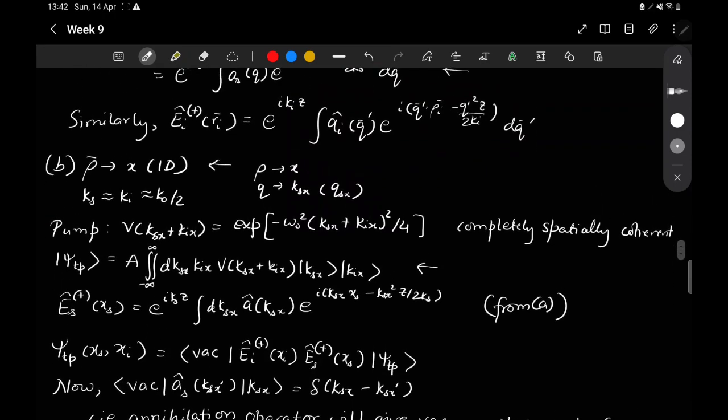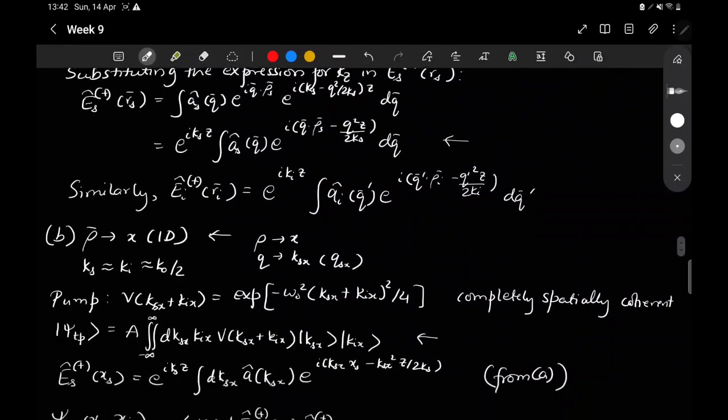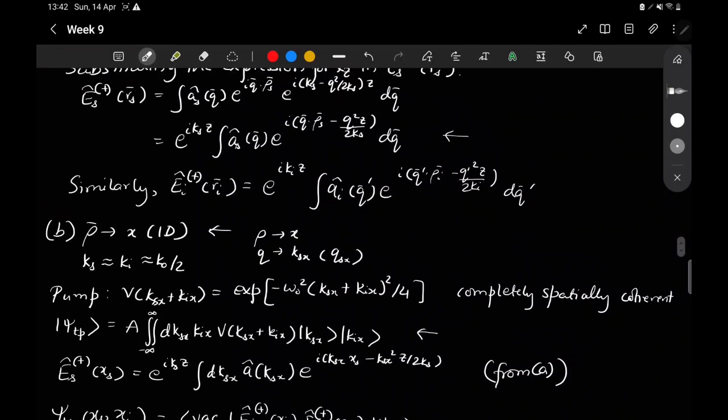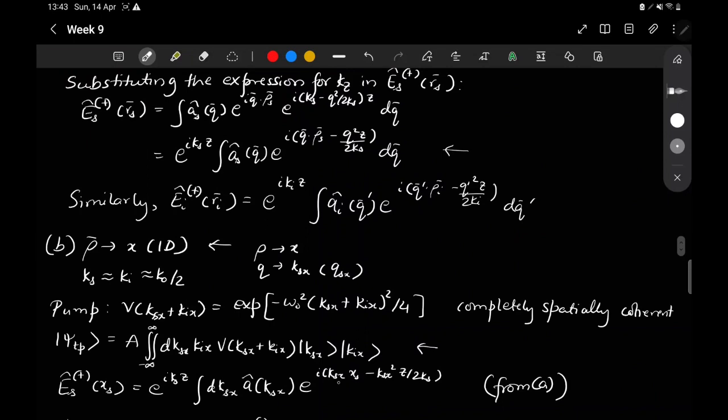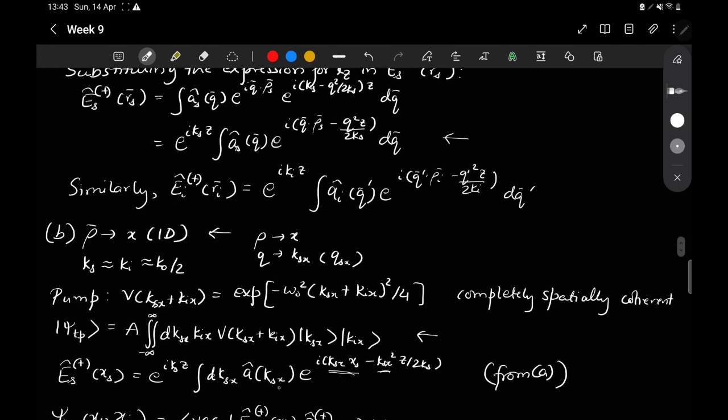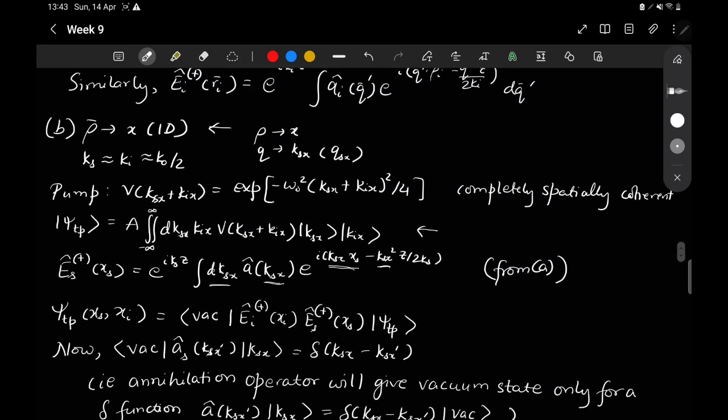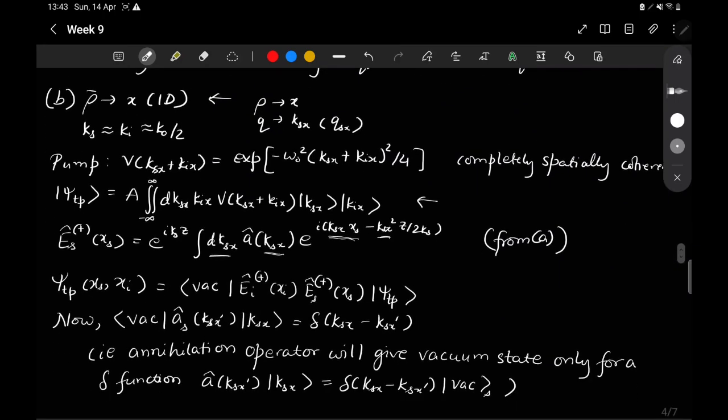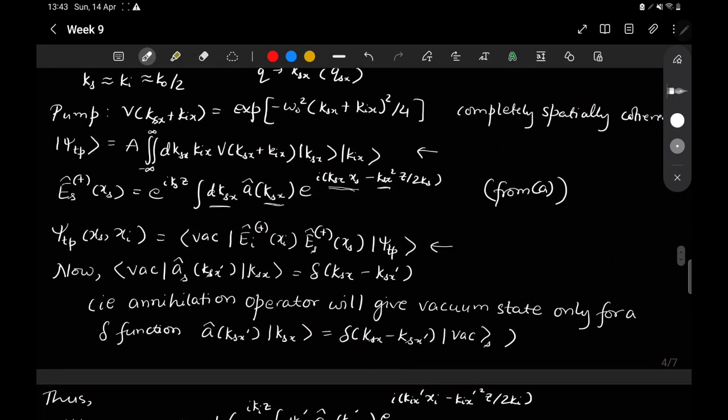Now this field operator we get from part A. Again we replace q with ksx and rho with xs, as you can see from here and here, and even this, the integral. Now this is already given to us and we need to find the expression for this.